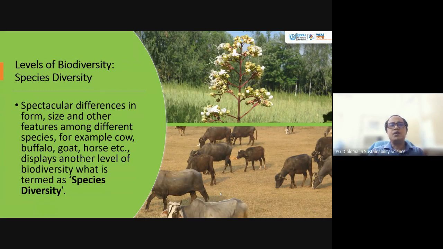These are called species diversity. In plant diversity also, you will find trees, different herbs and so on. These are called species diversity.